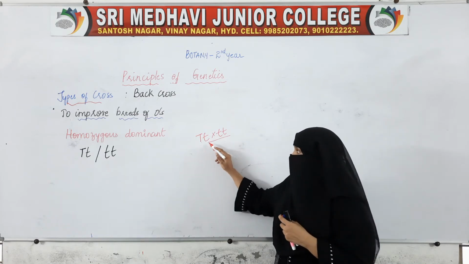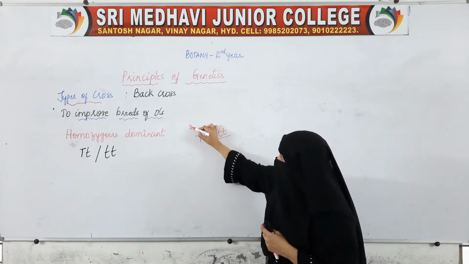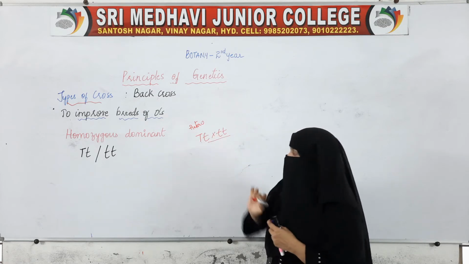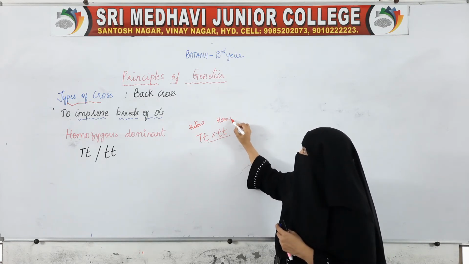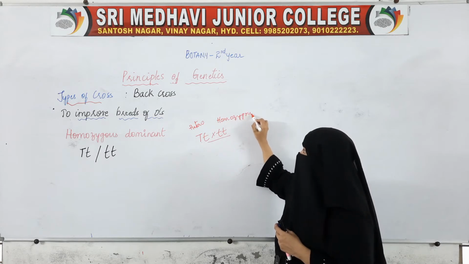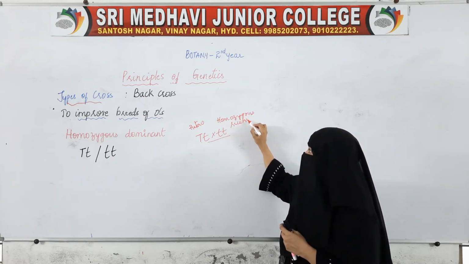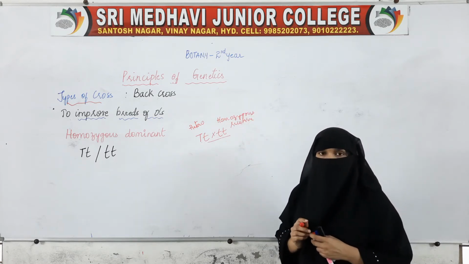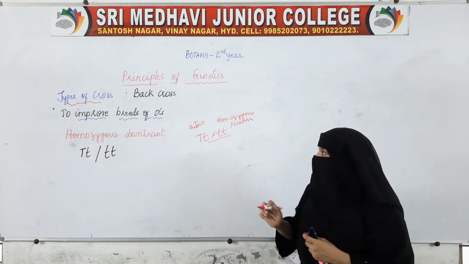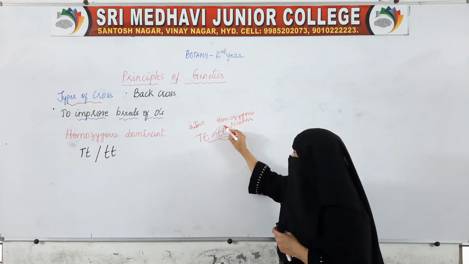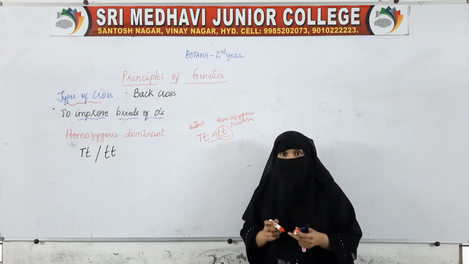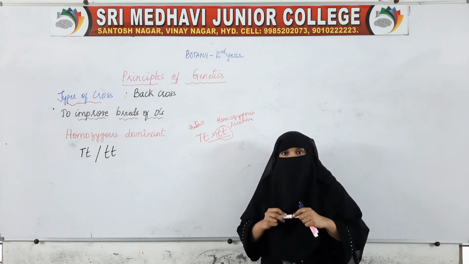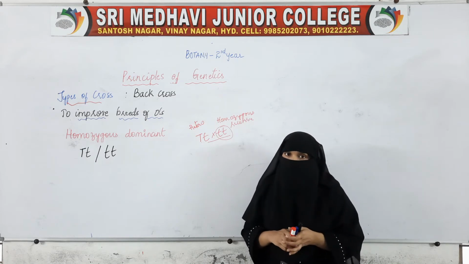Here this is one plant, T and T, that is heterozygous. Now this is homozygous, homozygous recessive. But we don't want these recessive characters to be expressed in the next generation.